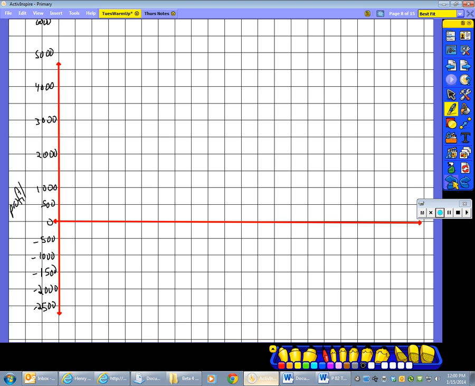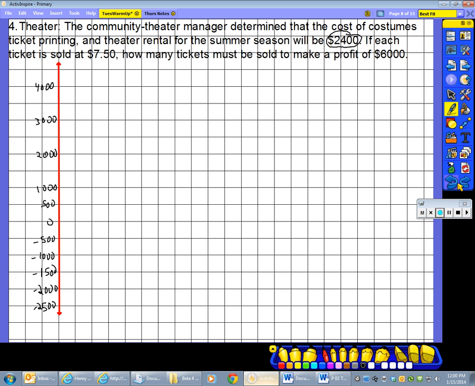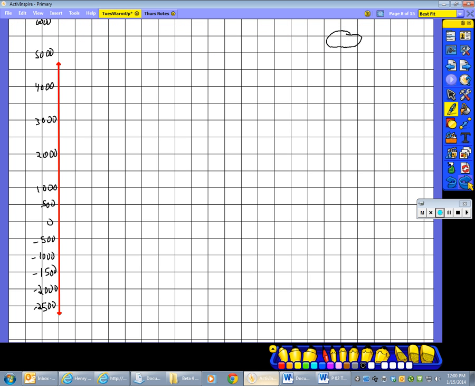Let me see, what was that variable? Profit and number of tickets sold. So the x-axis is talking about the number of tickets that were sold.